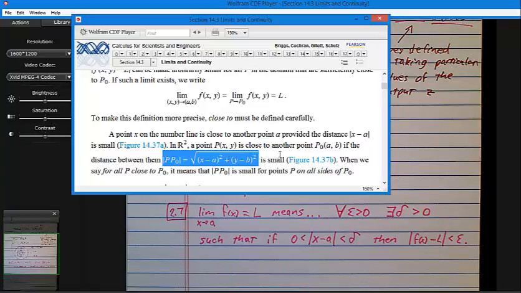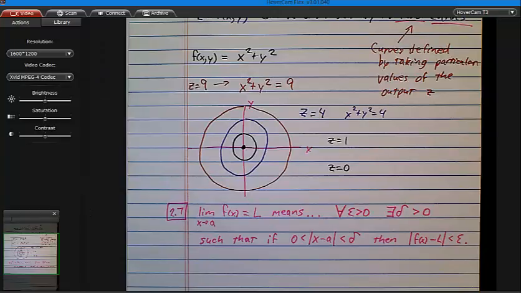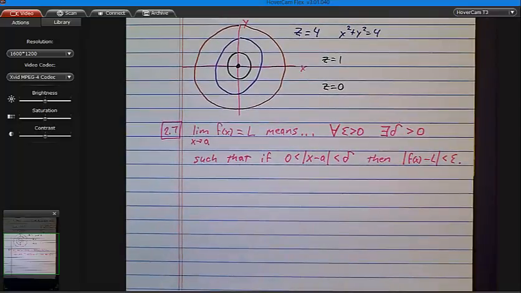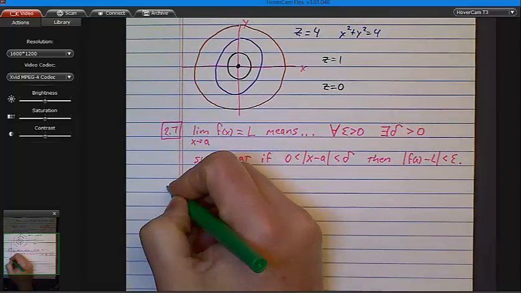This gets a little technical. And this is where I can see why in Calc 1 we did do continuity before we got all that technical. So I think I'm going to do the same thing. I'll come back to this in just a second. This is the old definition. But 2.6, continuity.